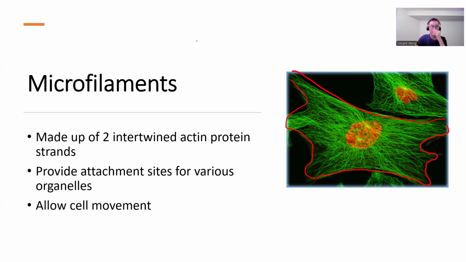Another function of the actin is to allow cell movement. Not all cells are able to move around in the body, but some do. Some cells can crawl around from one place to another. White blood cells do that, for example.